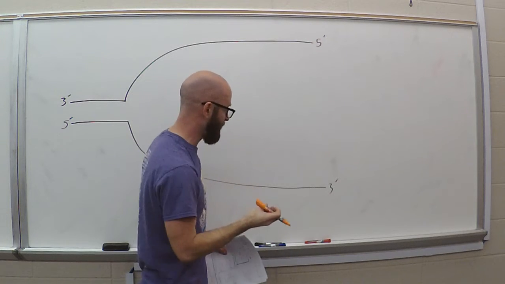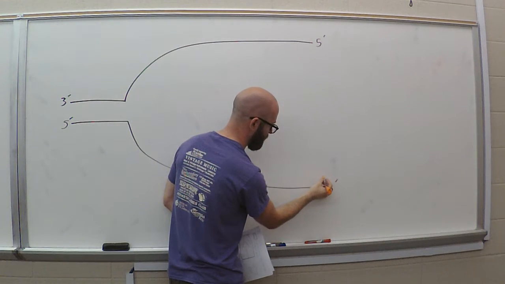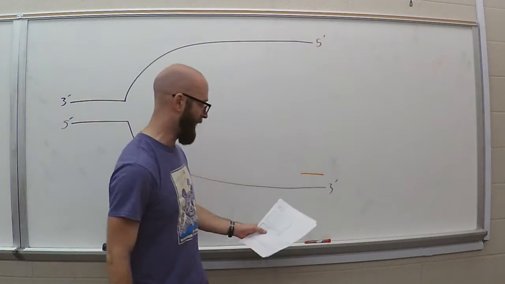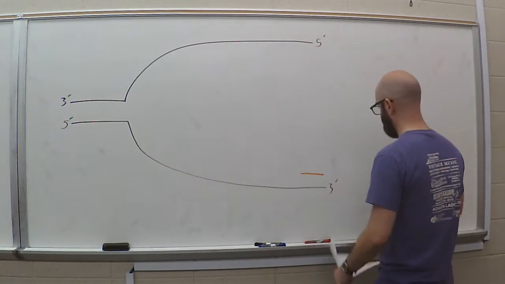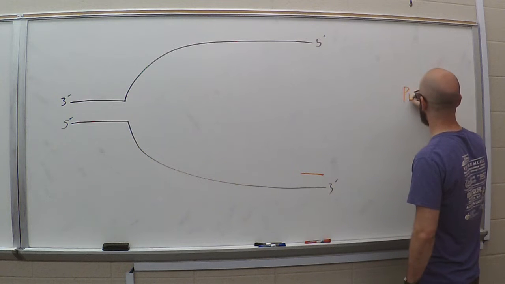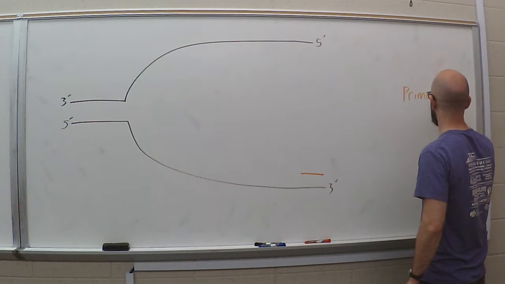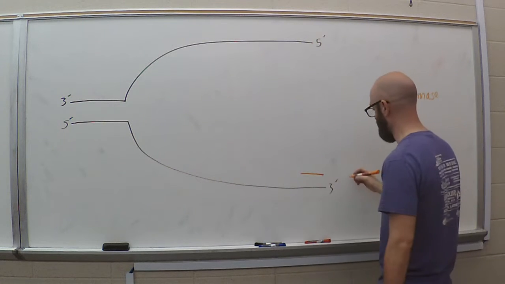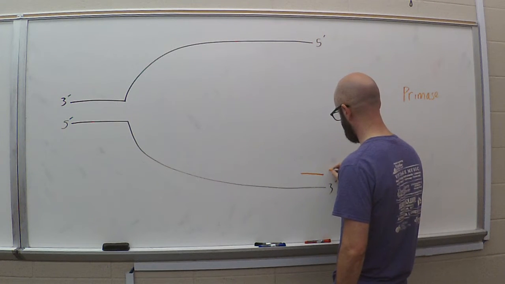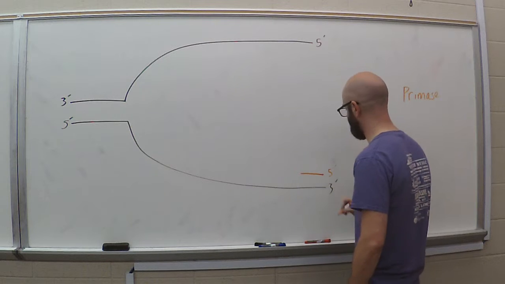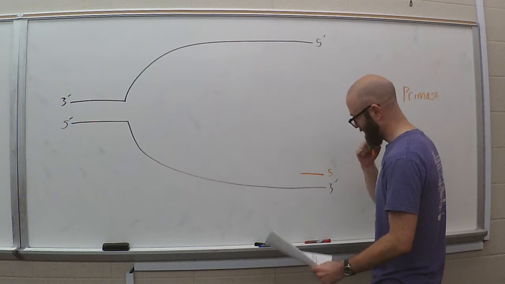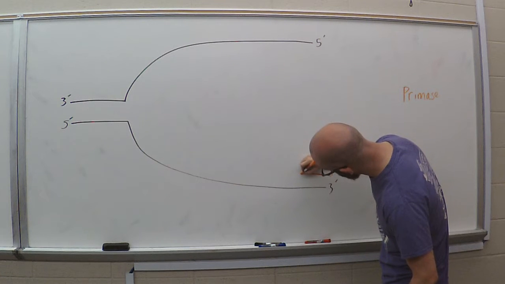So the next step is actually the laying down of RNA primers, right? So there's a protein called primase, which will lay down an RNA primer. And RNA also has the same directionality to it, so this is the 5' end here. It'll lay down an RNA primer.